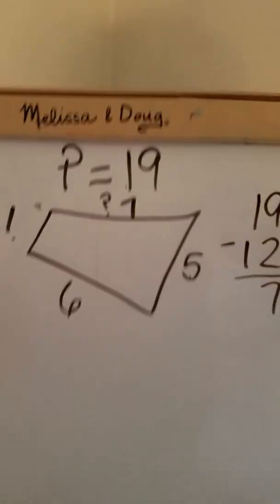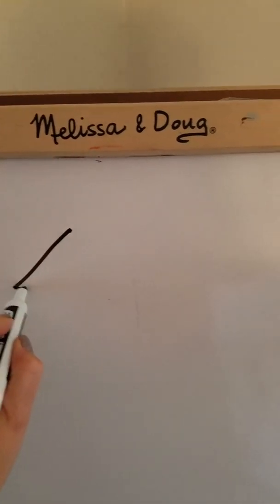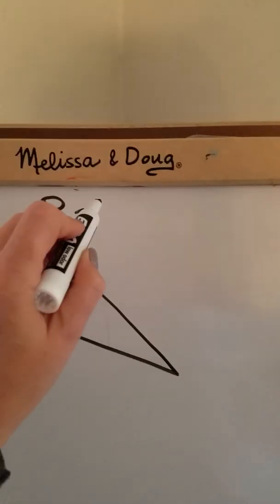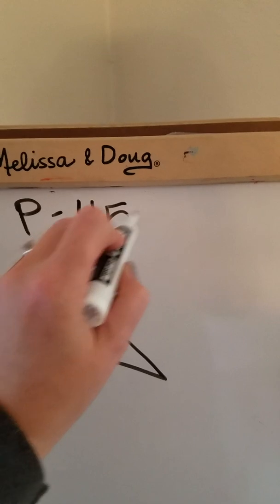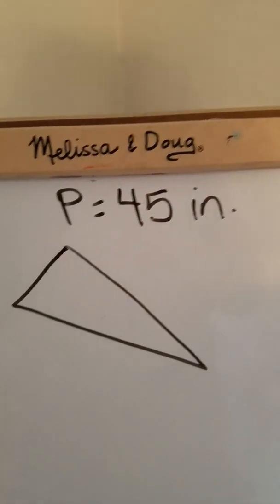Okay? So we can take that a step further, and we can look at some problems where maybe they didn't give us a picture that's already labeled, and it's our job to do the labeling. So let's say that I had a triangle. So we're going to draw a triangle with a perimeter of 45 inches. Okay?